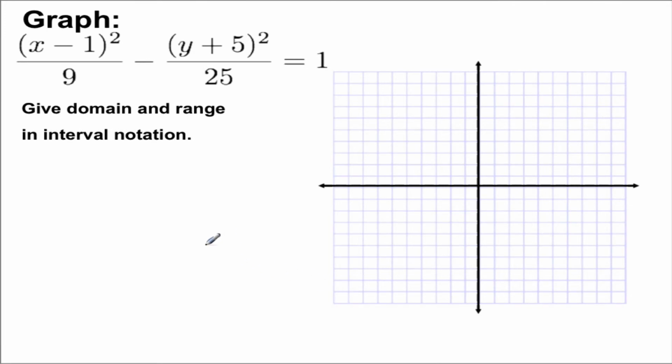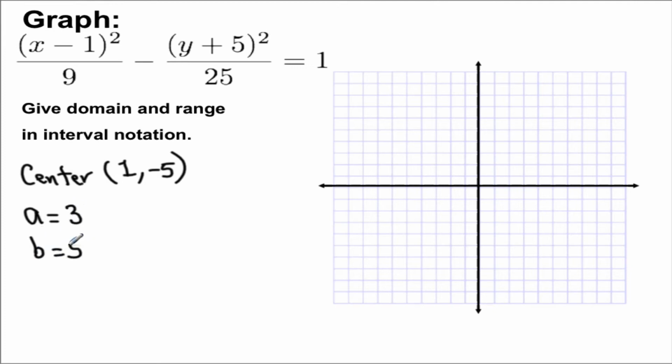This equation belongs to a hyperbola since we have a minus in the middle. This hyperbola has a center at (1, -5), very similar to an ellipse and circle. You go with the opposite of the values inside of the parentheses after x and y. The a value here is 3 and the b value here is 5.